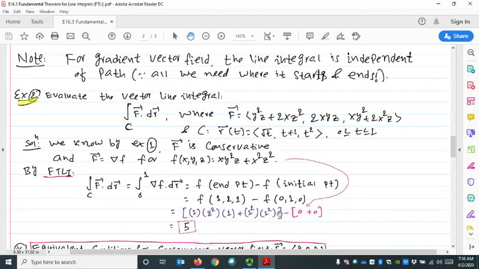This is f at the ending point, the terminal point, minus, when x and z are 0, both terms are 0. So we just have 1 times 2 square times 1 plus 1 square times 1 square, which is 5. Great. Now let's move on.